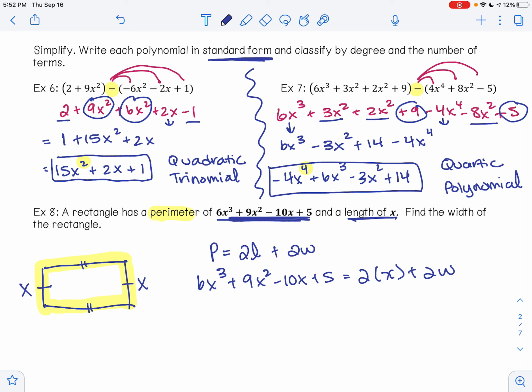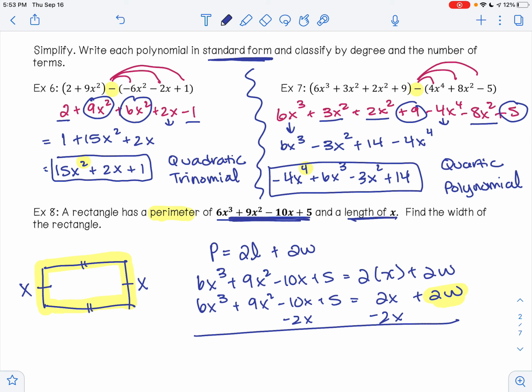So I'll have 6x cubed plus 9x squared minus 10x plus 5 equals 2 times x is 2x. So I want to get 2w alone, so I need to move 2x to the other side. It's positive, so to move it to the other side, I'll subtract it. So I'll have 6x cubed plus 9x squared minus 12x plus 5 equals 2w.